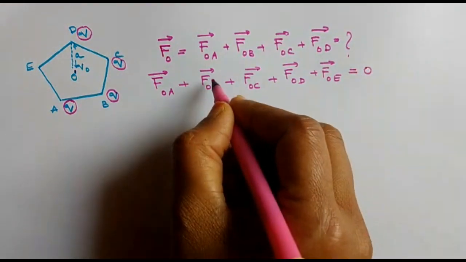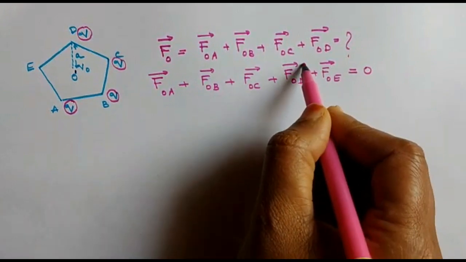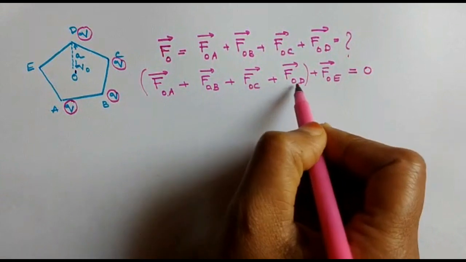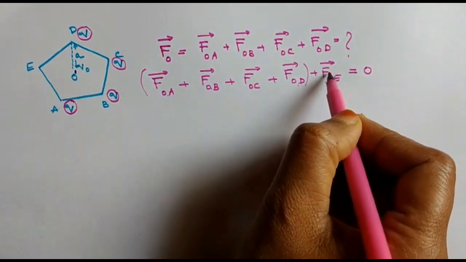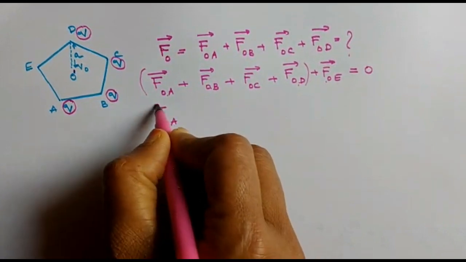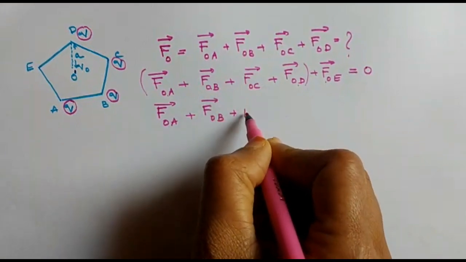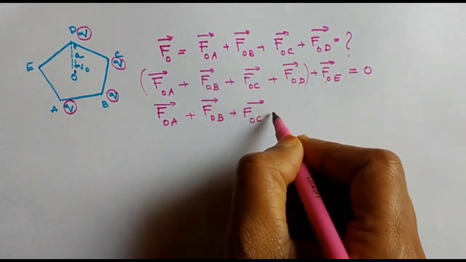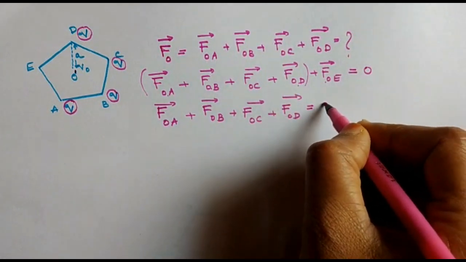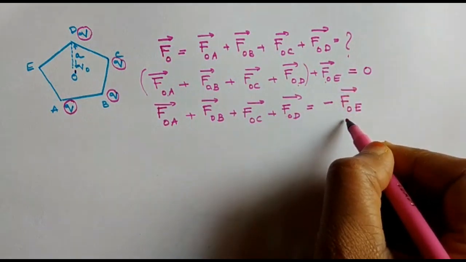But since I am asking you to find the sum of only 4 forces, if I write all these terms on one side, the sum of the 4 forces is equal and opposite to the force between O and E. So I can write FOA plus FOB plus FOC plus FOD as equal to minus of the force on O due to E.